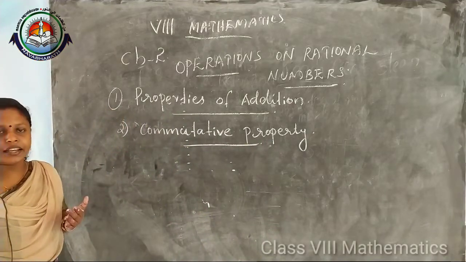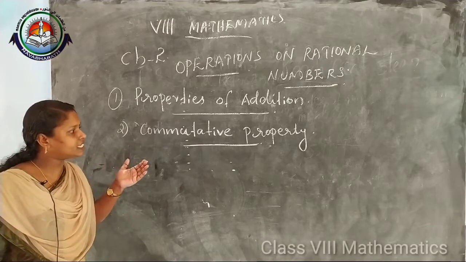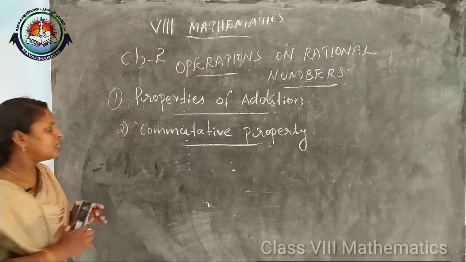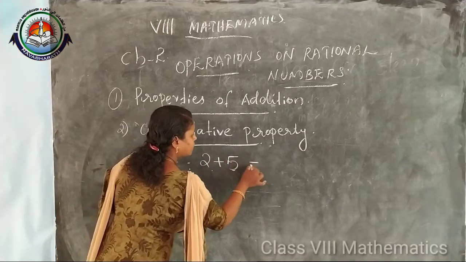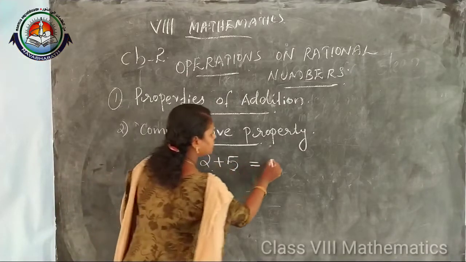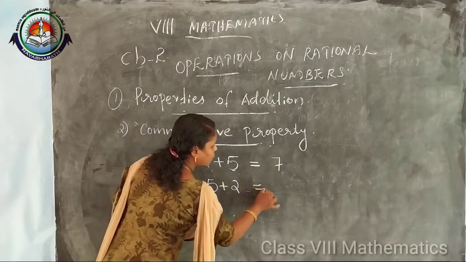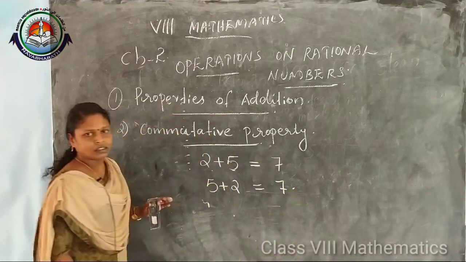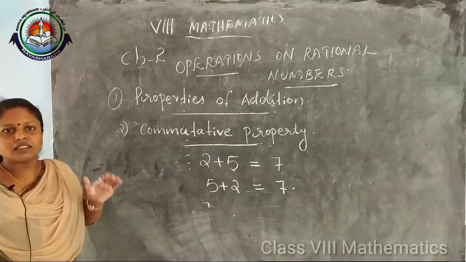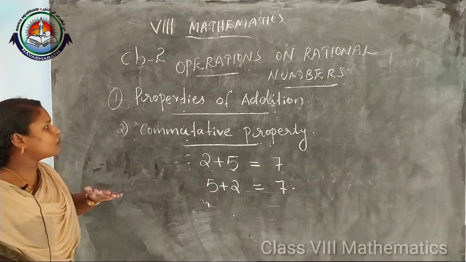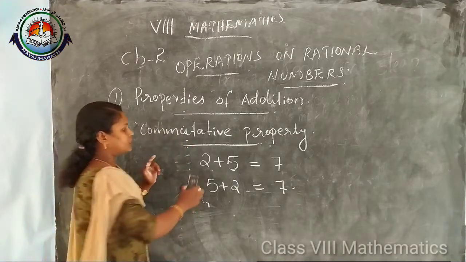We can add two natural numbers without considering the order of the numbers. Suppose 2 plus 5: 2 plus 5 is 7 and 5 plus 2 is also 7. That is, we can add two natural numbers in any order. In the same way, we need to check whether it is applicable for rational numbers.